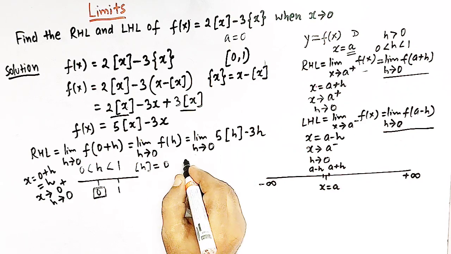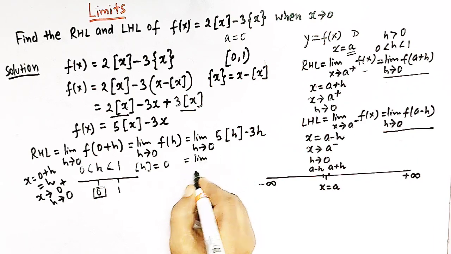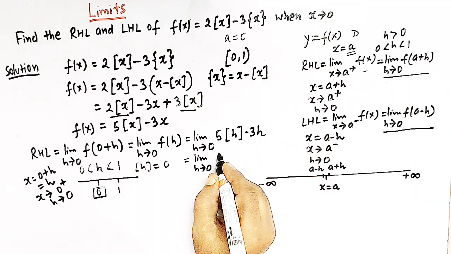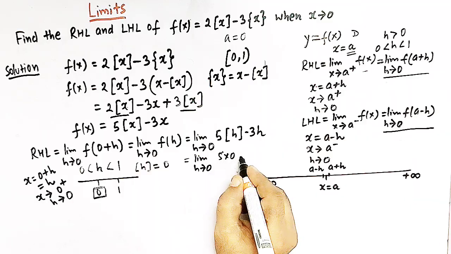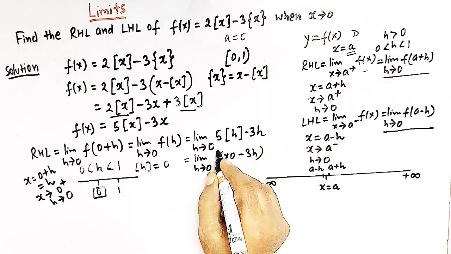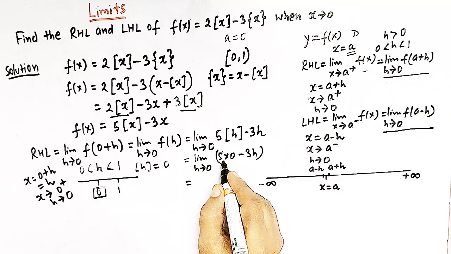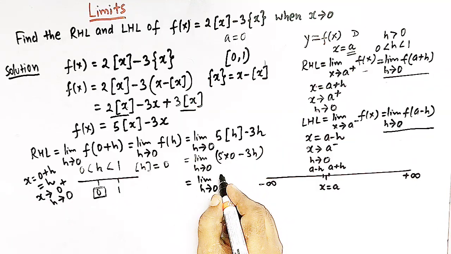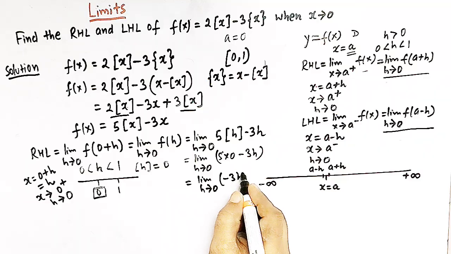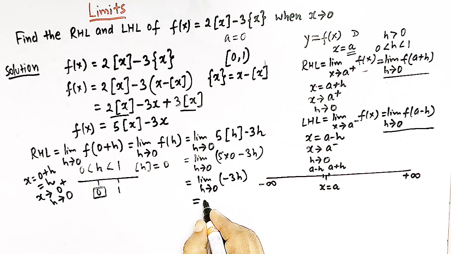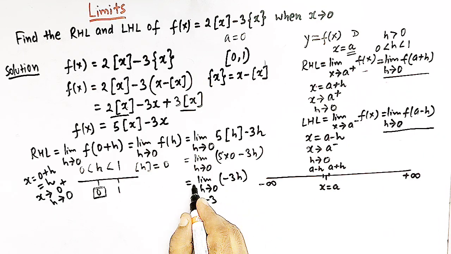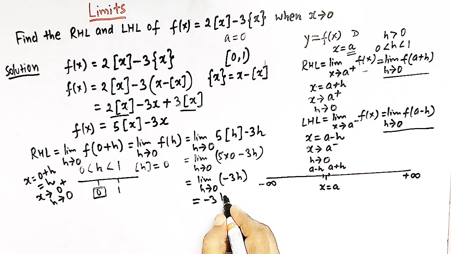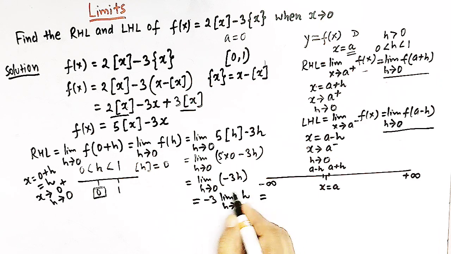So we can now write limit h tends to 0, 5 times 0 minus 3h, and we are left with limit h tends to 0 of minus 3h. We can write minus 3 in front of the limit notation, and limit h tends to 0 of h is equal to 0.